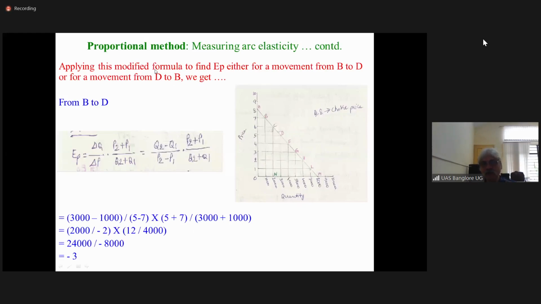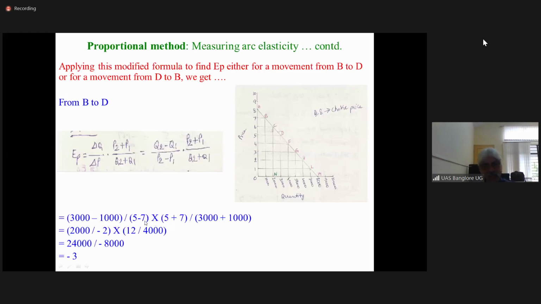Applying this modified formula to find EP, either for a movement from B to D or from D to B, suppose you move from B to D. Delta Q by delta P, that is Q2 minus Q1 by P2 minus P1 into P2 plus P1 divided by Q2 plus Q1. So 3000 minus 1000, it was the same earlier, now it is the same.